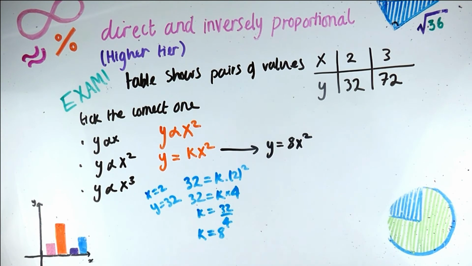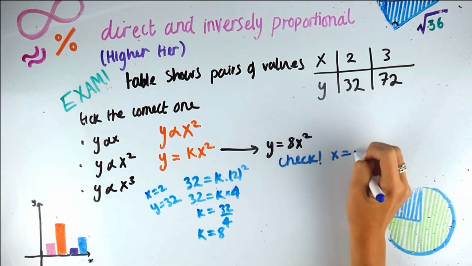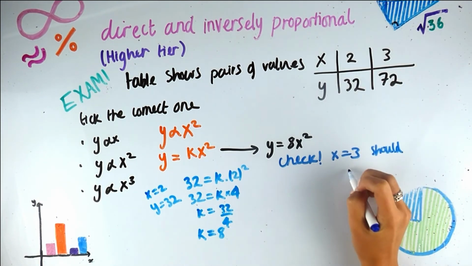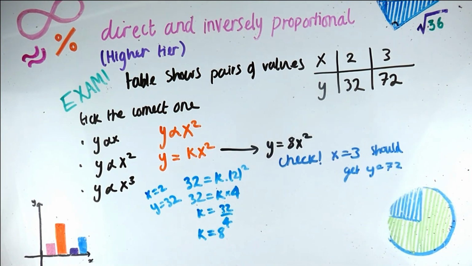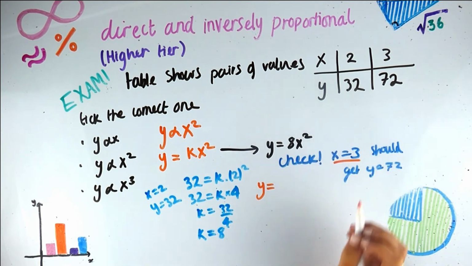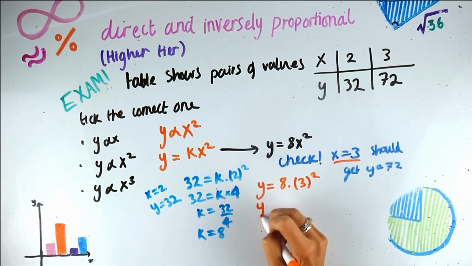Let's do another check. So if we put in x equals 3, we should get y equals 72, because this k value should work for all our values. Let's try it. So we're substituting x equals 3, 8 times 3 squared.